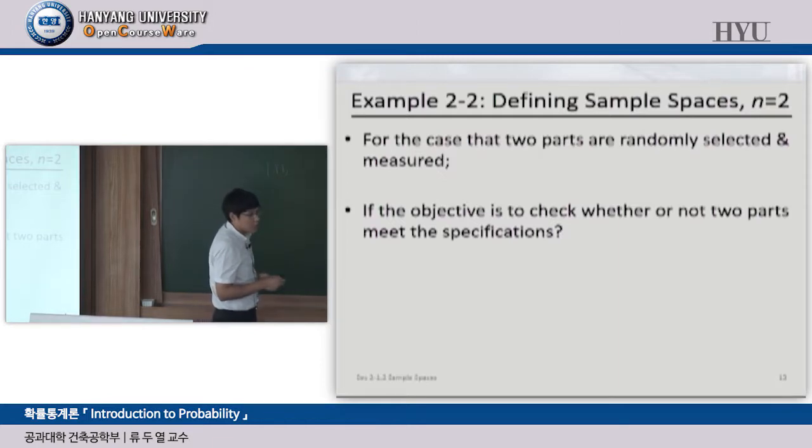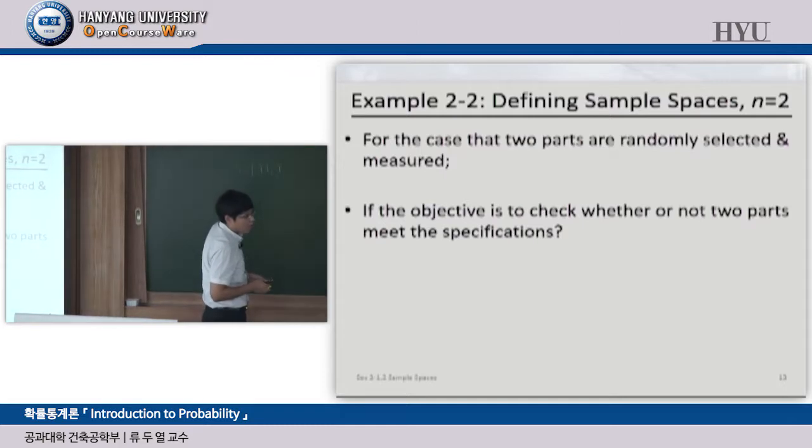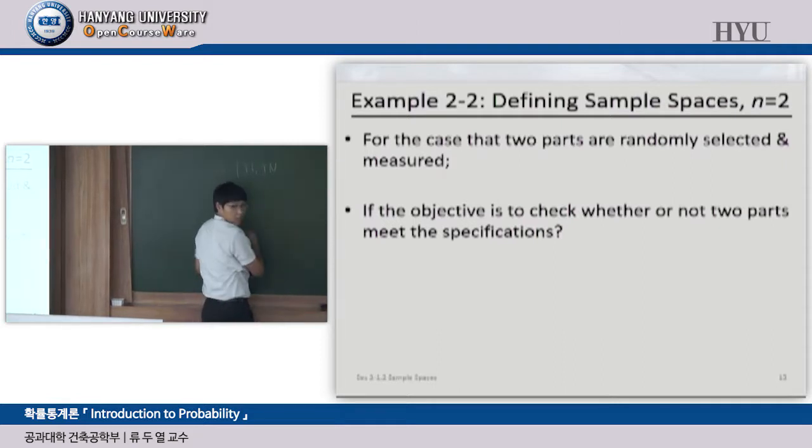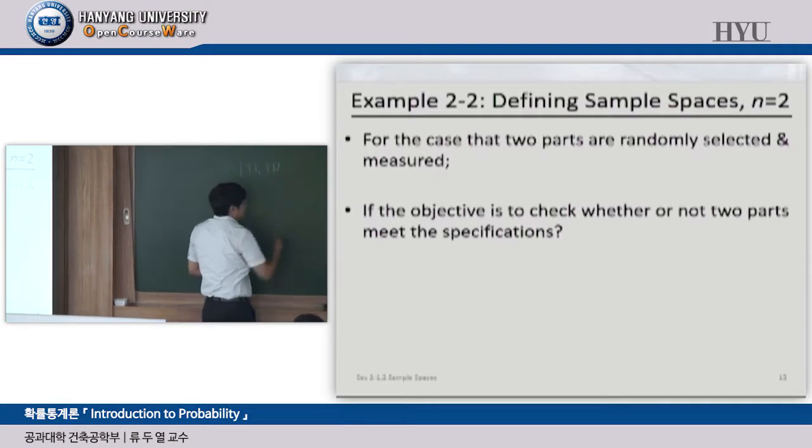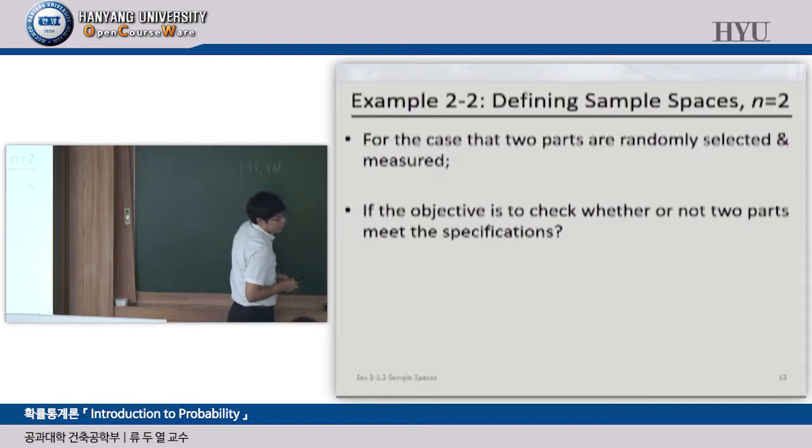And there is also a possibility that we can select the first part which meets the specification. We can say y. The second part does not meet the specification. We can say n, right? And there is also the possibility that the first part does not meet the specification, and the second part meets the specification.